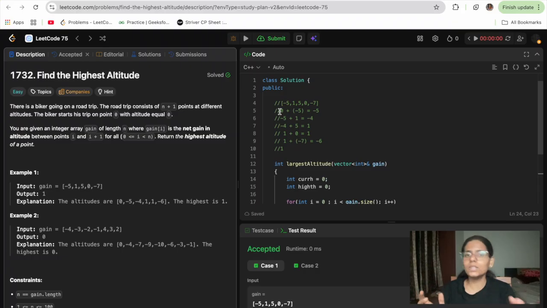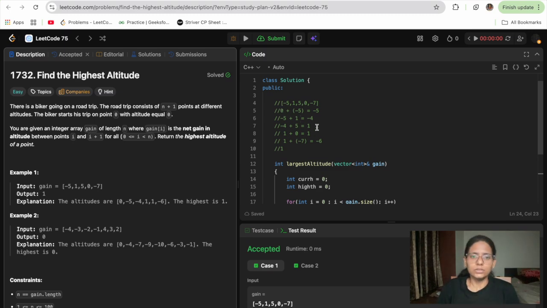That's the point here. This easy question is trying to teach us prefix sum, and we have understood that now.